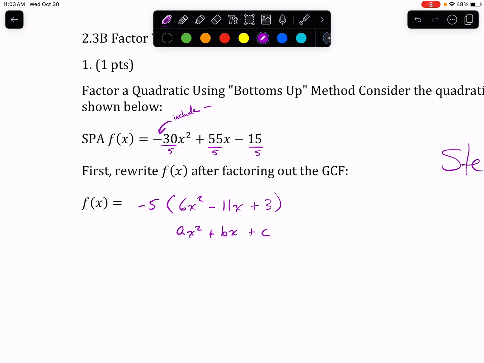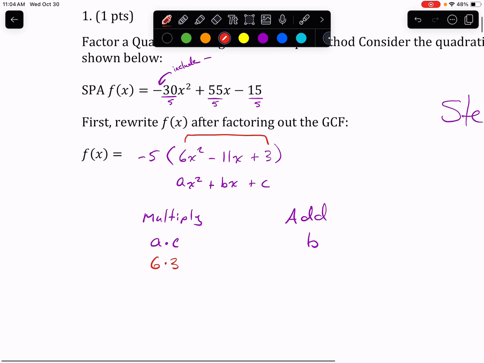We want to find two factors that multiply to AC, A times C, that add up to B. So we're going to take 6, our A value, times 3. 6 times 3 is 18. I'm going to look for factors of 18 that add up to the middle, add up to negative 11.